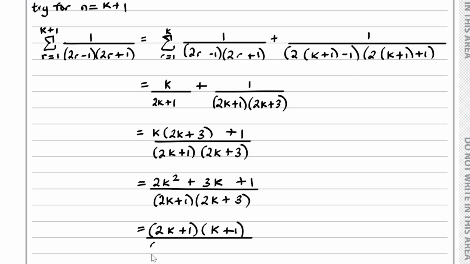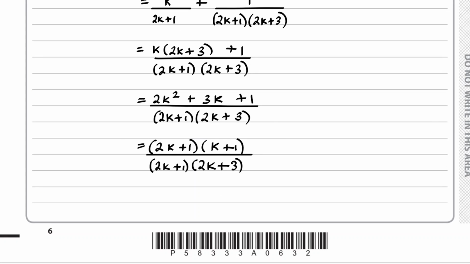And on the bottom we've got 2k plus 1 lots of 2k plus 3. And happily for us, the 2k plus 1's cancel, so we're left with k plus 1 over 2k plus 3.